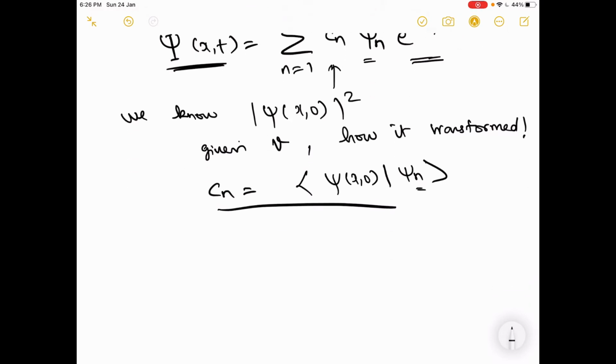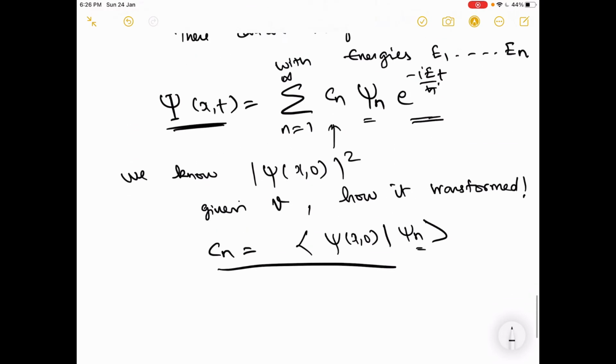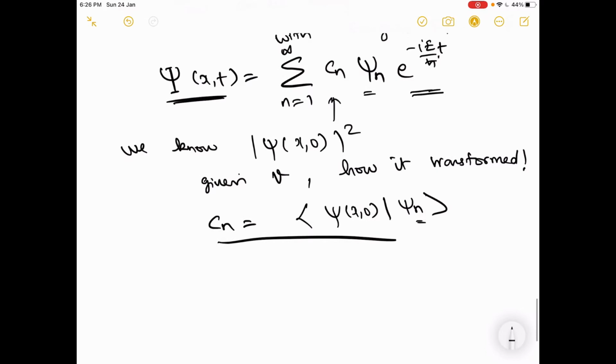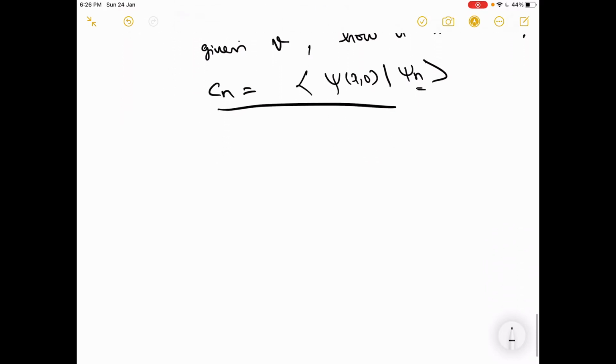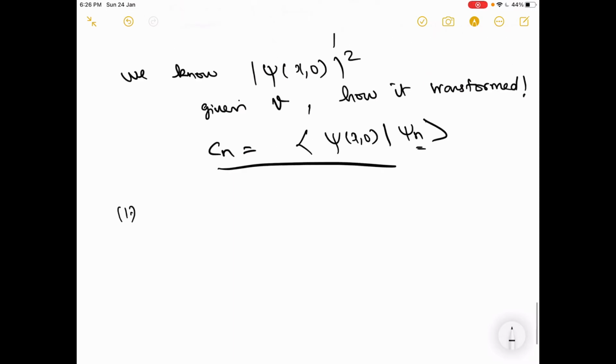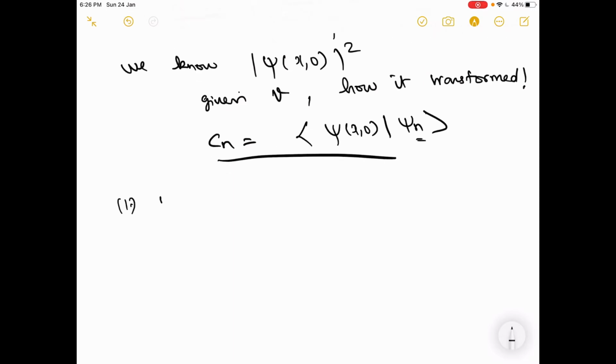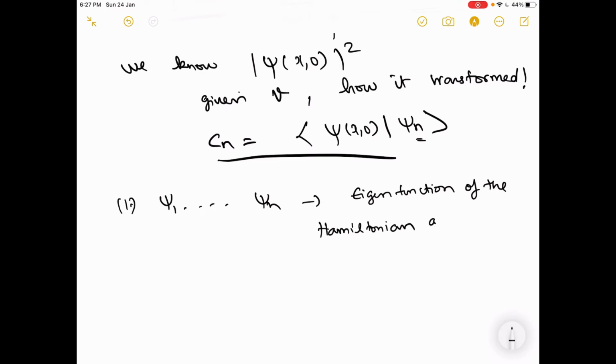Okay, so once again, if we have this kind of a solution, there are a few things that we have to understand. The first one is the solutions psi 1 so on till psi n, the eigenfunctions of the Hamiltonian, are stationary states.